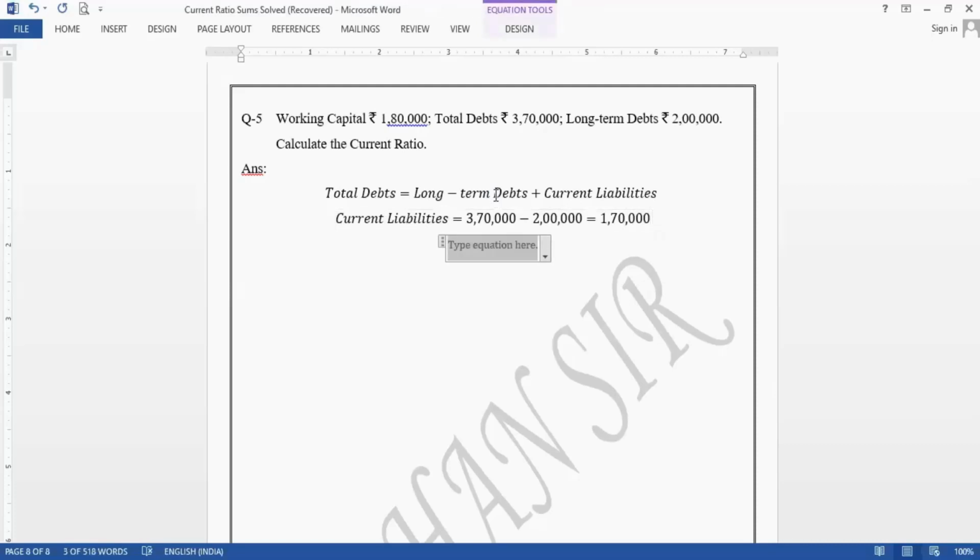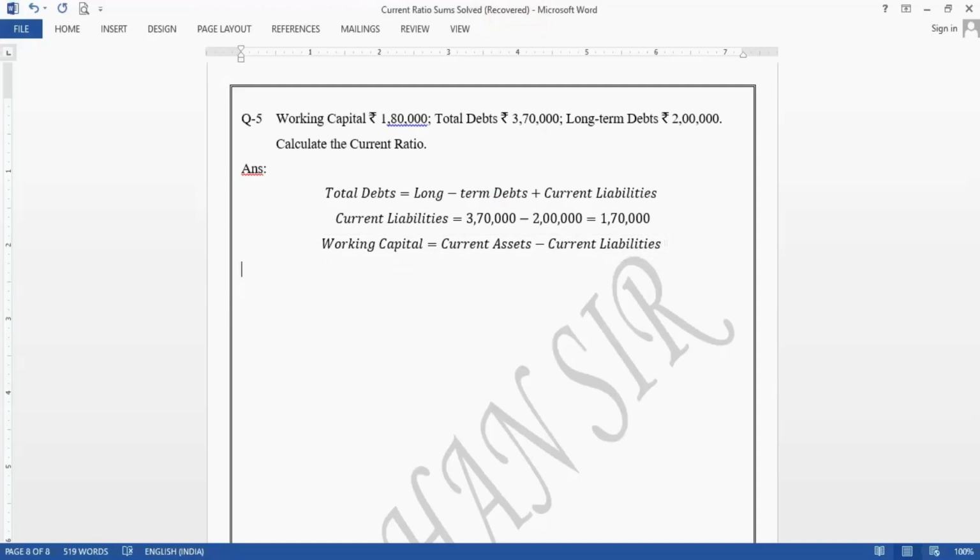After total debts, we are given working capital also. Working capital is equal to current assets minus current liabilities, right? Let us place the values again. Out of the three, working capital and current liabilities are known to us.